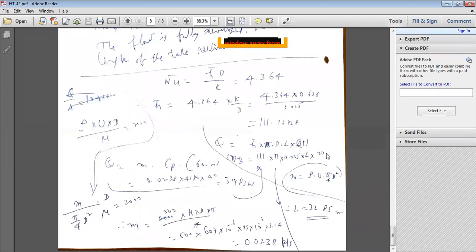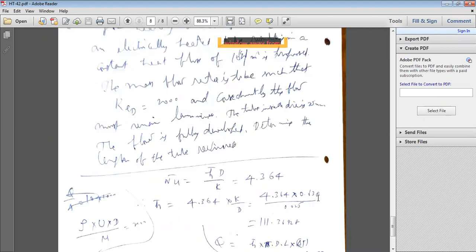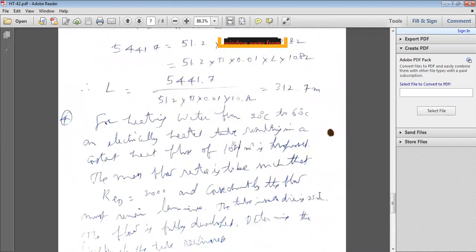If you substitute 20, you can calculate the length of the tube L from this relation, and it will be around L is equal to 22.85 meters.